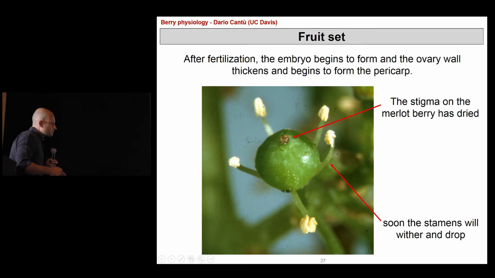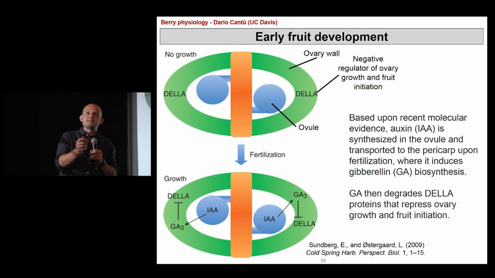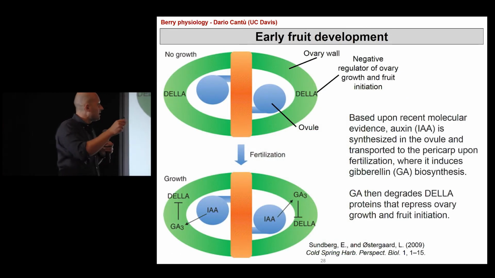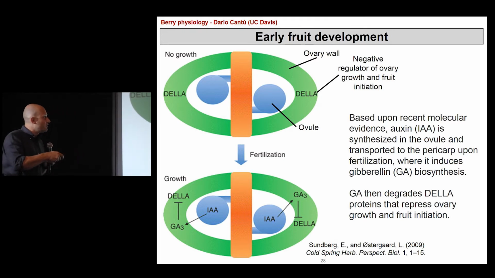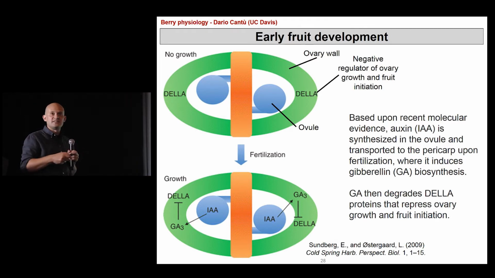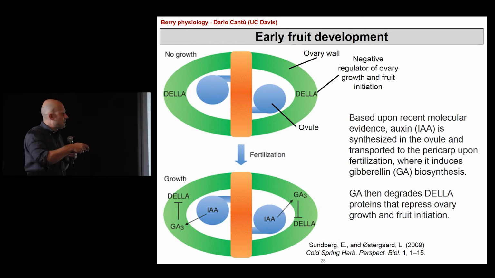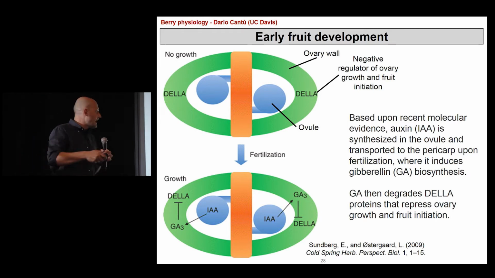Okay? And we know a little bit about the signals that trigger these early events of berry development. The unfertilized ovule is not doing much in terms of convincing the pericarp to grow. So there is no growth. Before fertilization, the ovary wall stays like that because there are proteins that inhibit that growth.